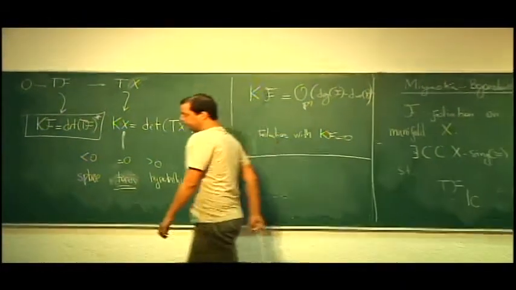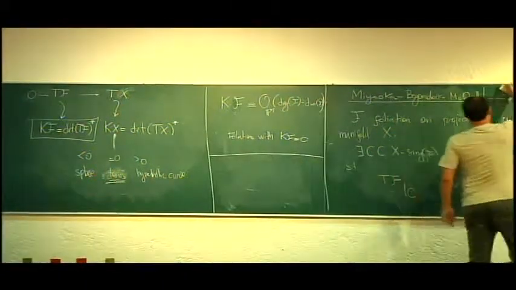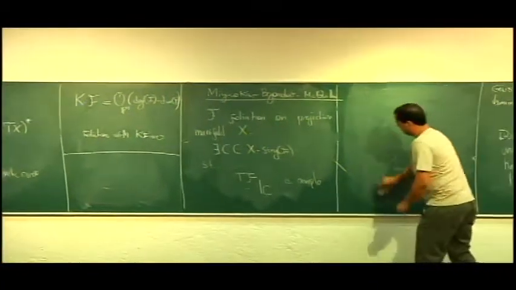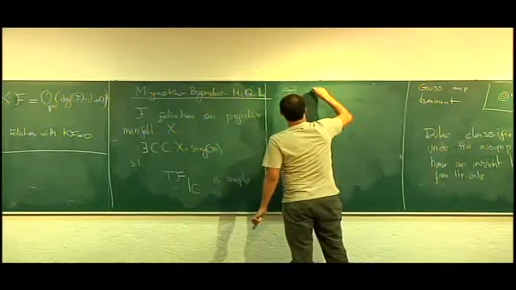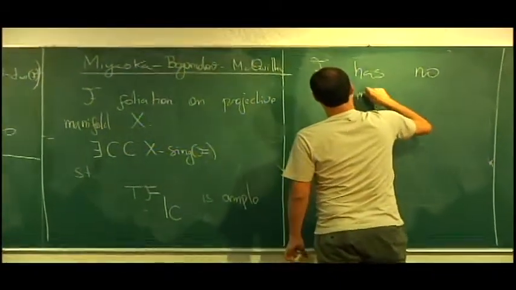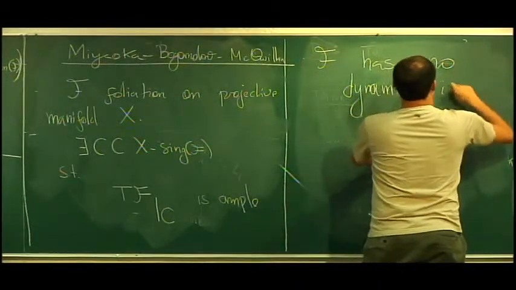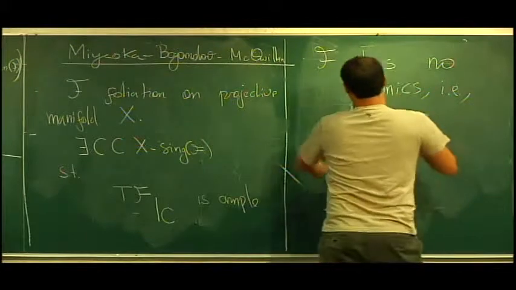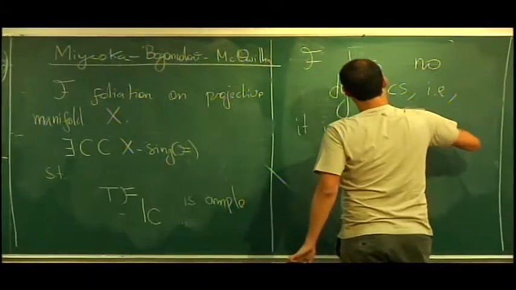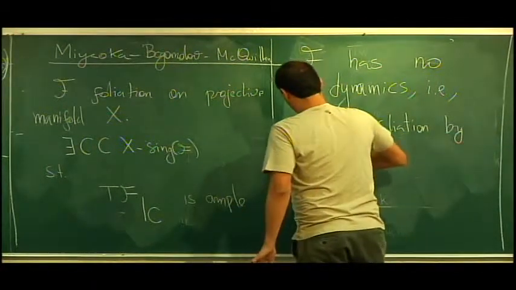And then the conclusion is that F has no dynamics, in the sense that it's a foliation by algebraic subvarieties.